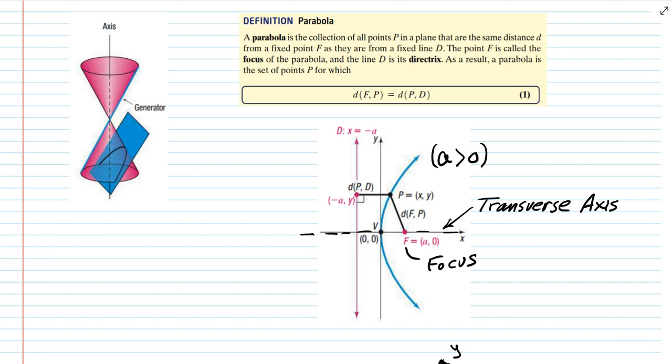Also, if you recall, parabolas have an axis of symmetry that runs through the vertex. So I have this axis of symmetry, which we now call the transverse axis. Just so you're aware, all conic sections have a directrix and a transverse axis. This includes the ellipse and the hyperbola. It's just that their location depends on the conic section.